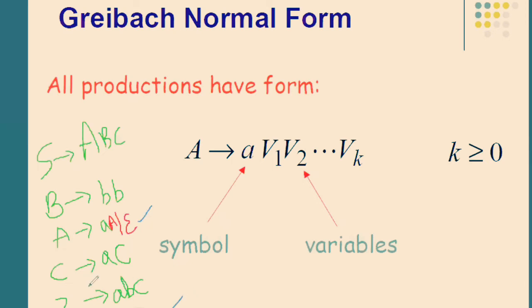We have a unit production, and you have an unreachable symbol, that is Z, that is a useless symbol. If this is the grammar given, you cannot directly convert this to its equivalent GNF.